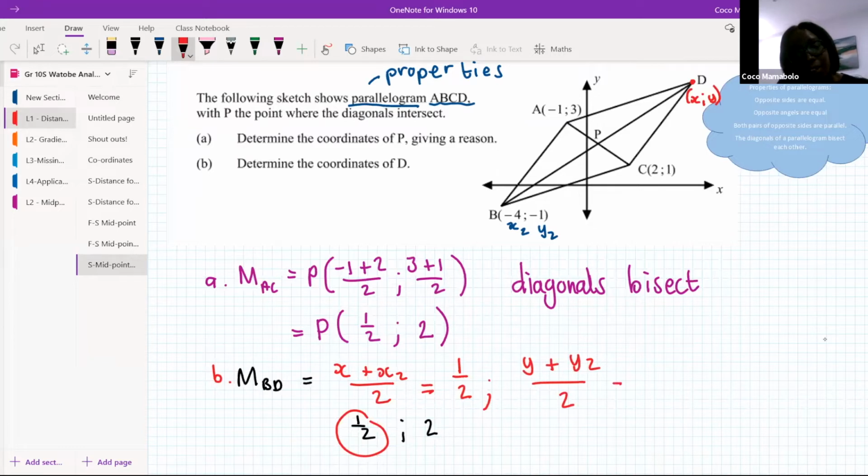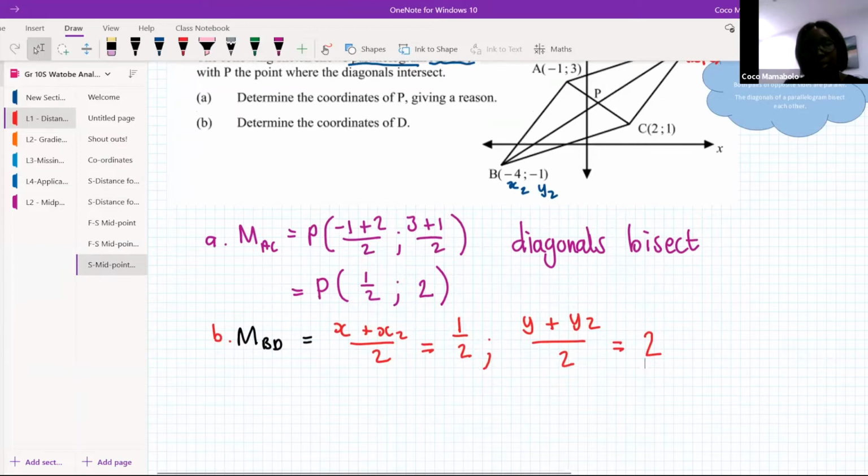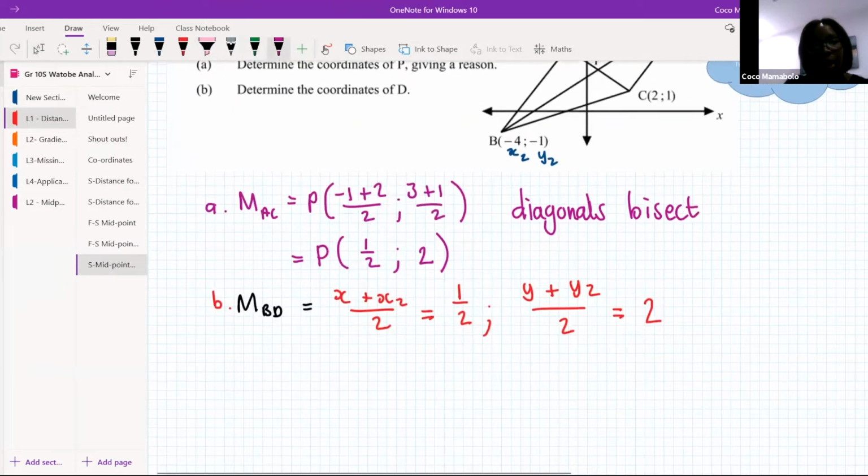And the answer for that needs to be 2, because that's also the midpoint. Okay. And now we've got an equation, ladies and gentlemen. We can solve for X because we know what X2 and Y2 are. I'm just going to replace them over here. My X2 is -4. So I'm going to have X minus 4 over 2 is equal to 1/2.